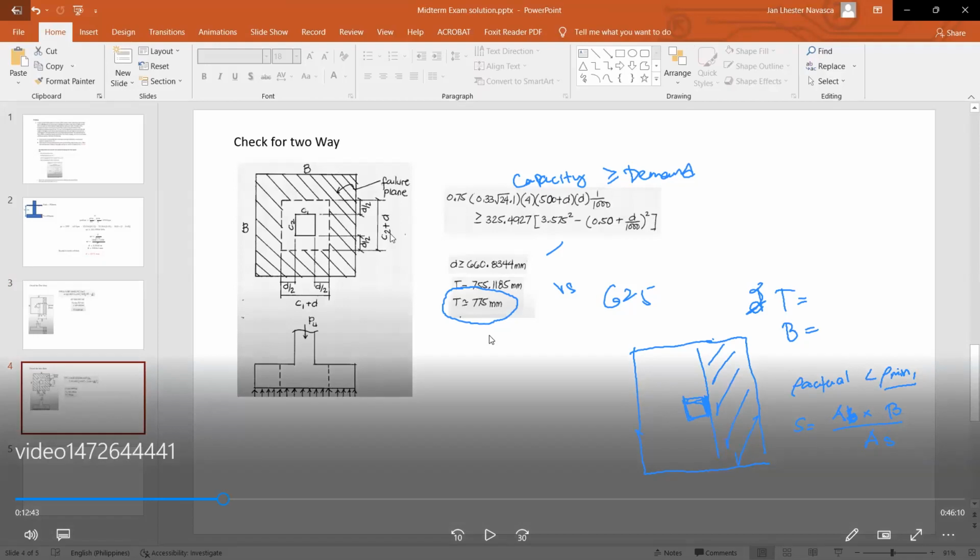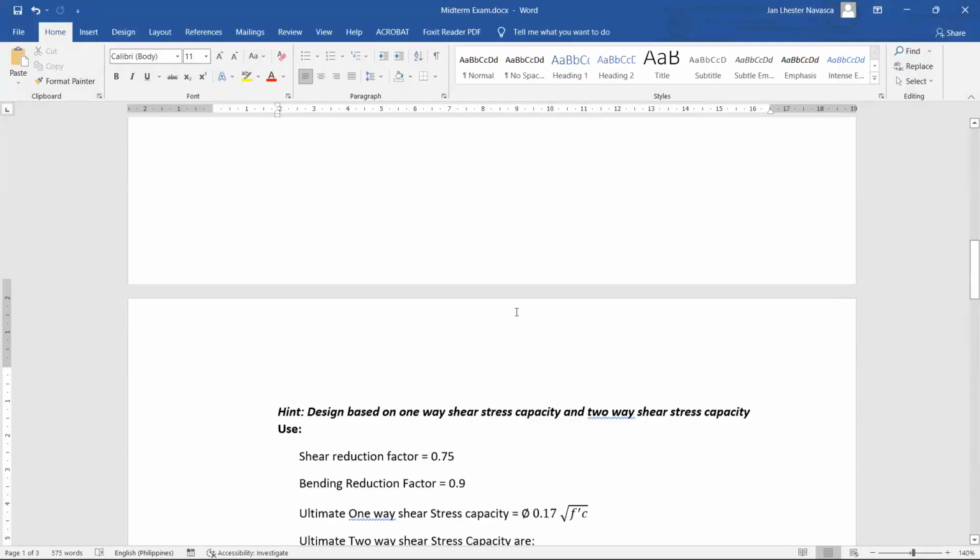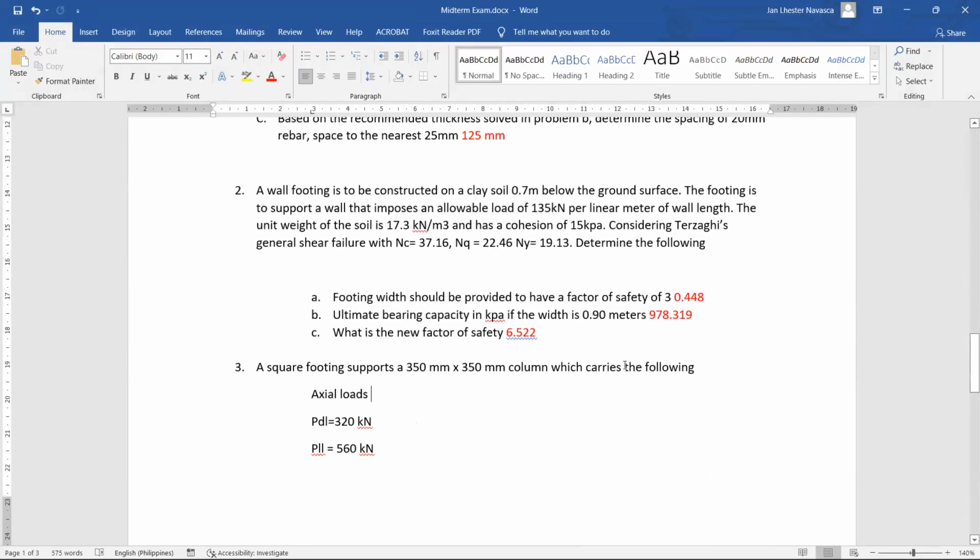Okay, and yung next problem natin is number 2. Yung wall footing is to be constructed on a clay which is 0.7 meters below the ground surface, and the footing is supported by a wall that imposes an allowable load of 135 kilonewton per linear meter of the wall length.